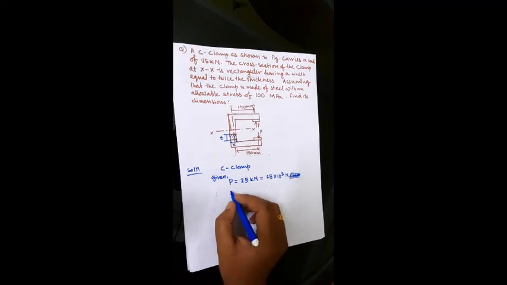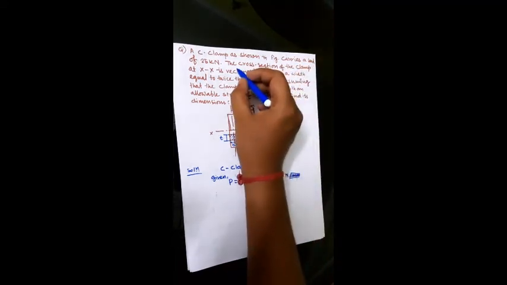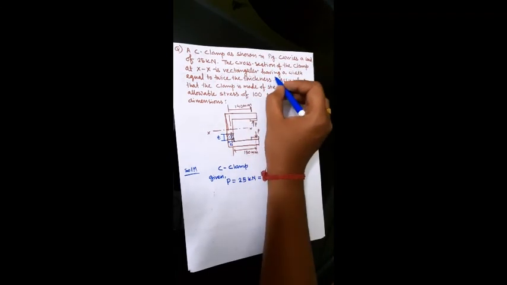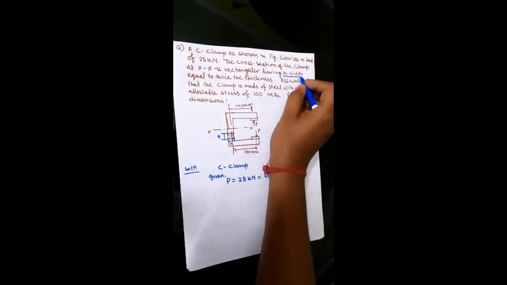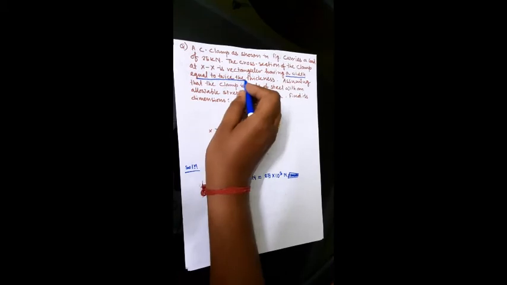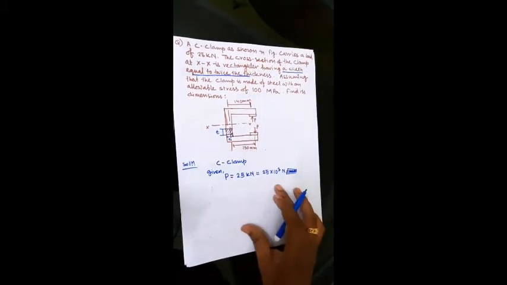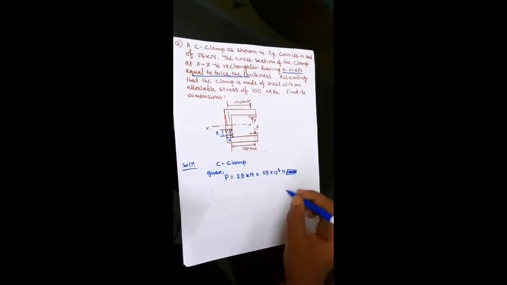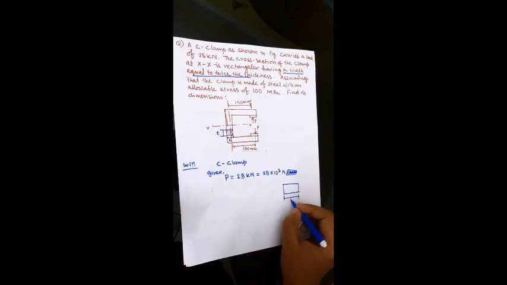Then what is given? The rectangular cross section having a width equal to twice the thickness. So let us first draw the rectangular cross section. See, this is your rectangular cross section, and it has a width, that is this b, and this is t.